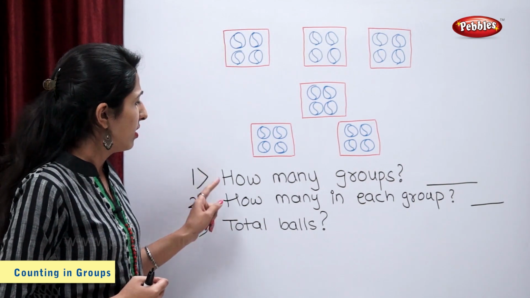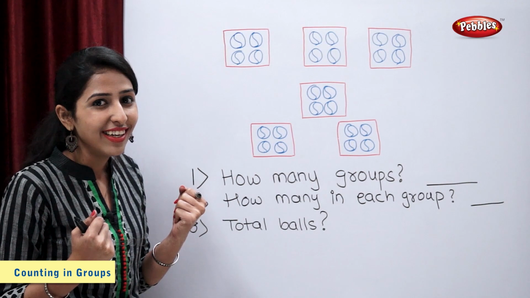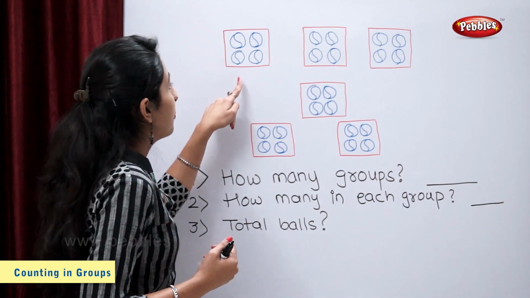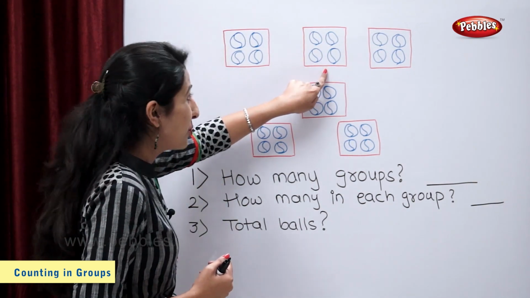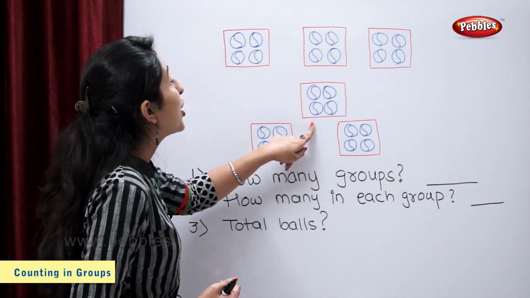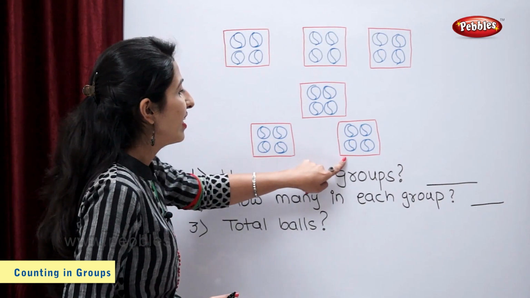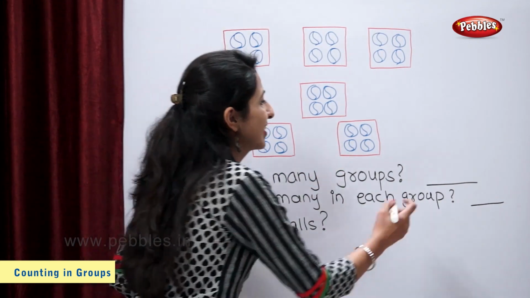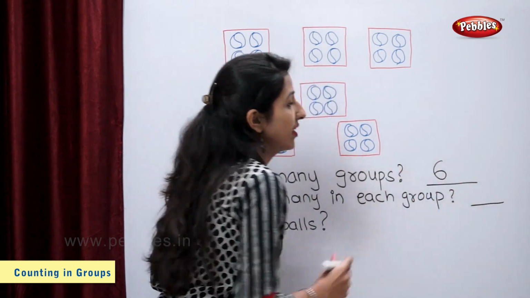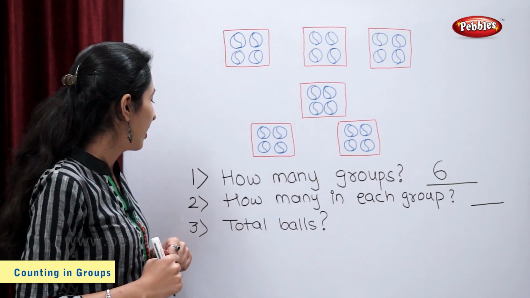Tell me, students, there are total how many groups? 1, 2, 3, 4, 5 and 6. So there are total 6 groups.